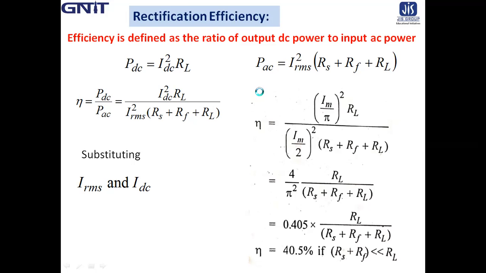But in our case, which input should be applied? Is it the power at the primary winding, or the power at the secondary winding? Both are input AC power.